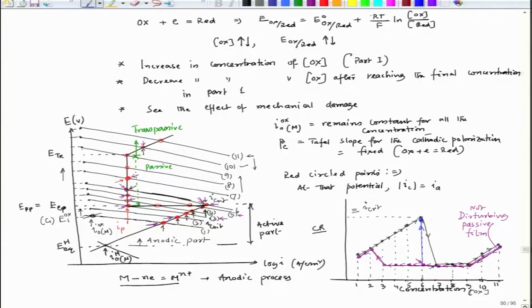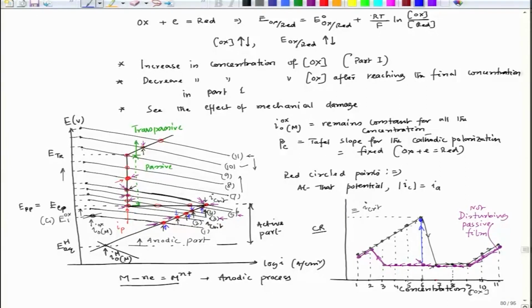Once we scratch the surface after reaching C6 concentration, and the passive layer is broken, then if you decrease the concentration, it will always follow this track. Fine.